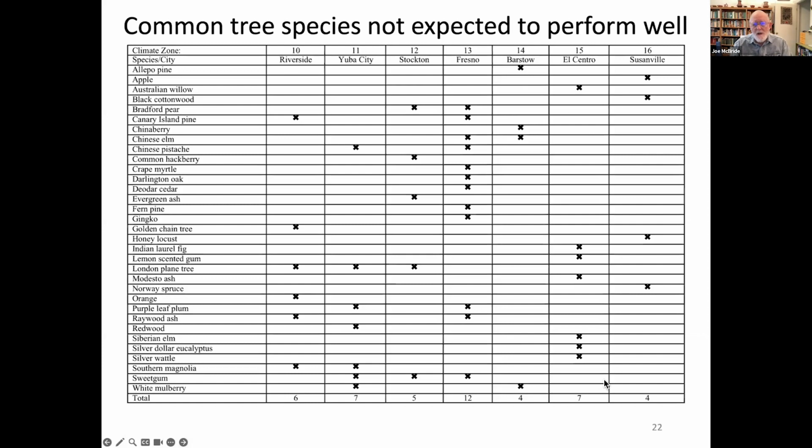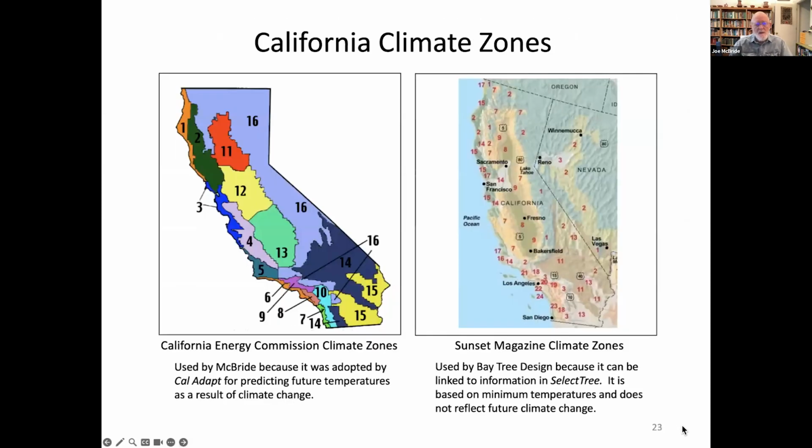And so for the study, the 10 climate zones listed here, and I want to remind you, these are not Sunset climate zones, but Cal Water Resources climate zones. These trees will not do well or will not survive by 2099 in the particular cities shown.